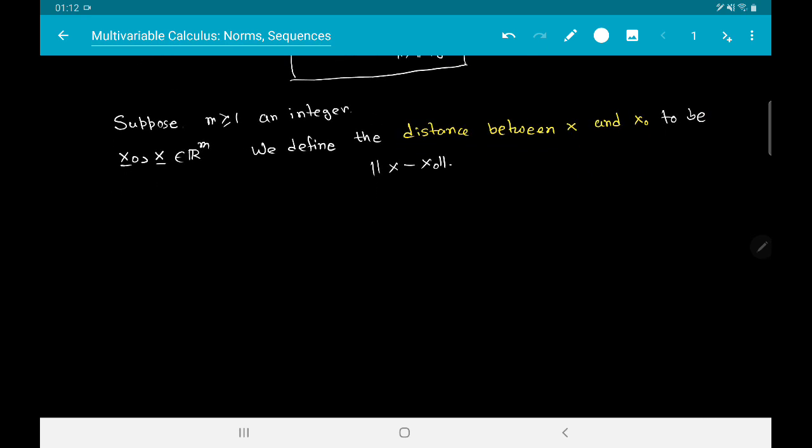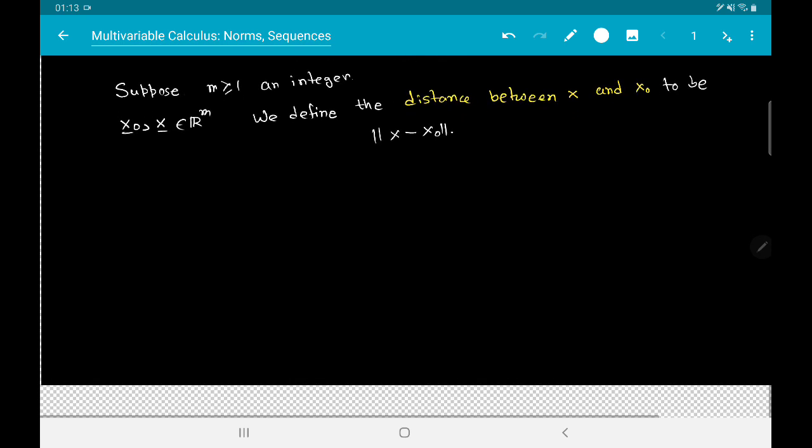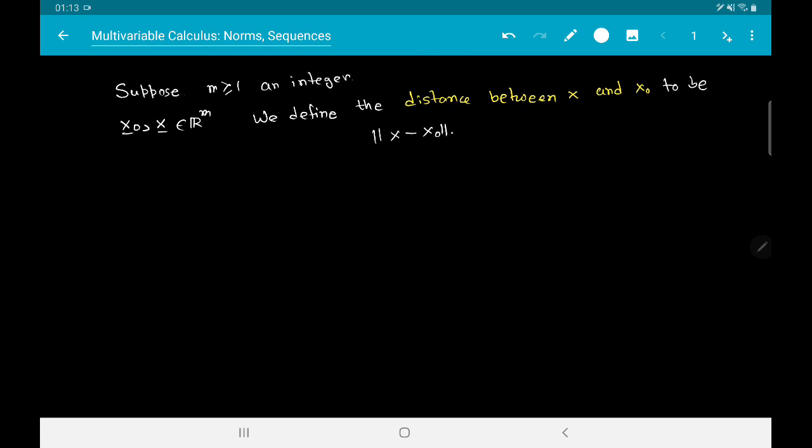So one thing that is clear is that the distance is always a non-negative quantity. A few more definitions.